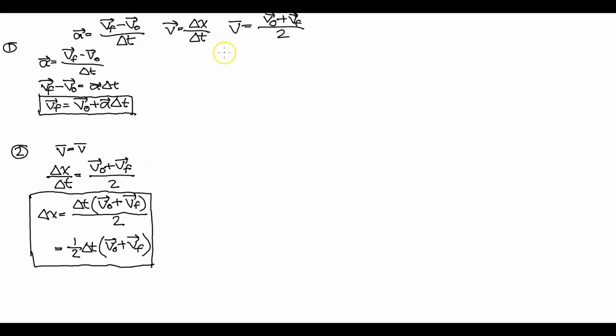The third equation is basically a plug-in to the second equation. We'll write the second equation: delta x equals 1/2 times delta t times v naught plus vf.